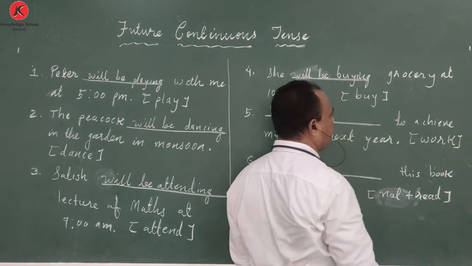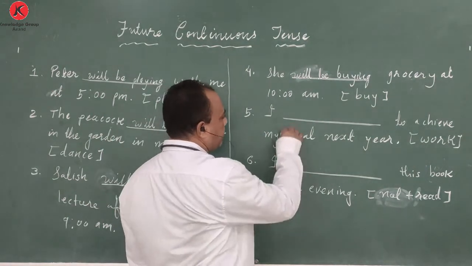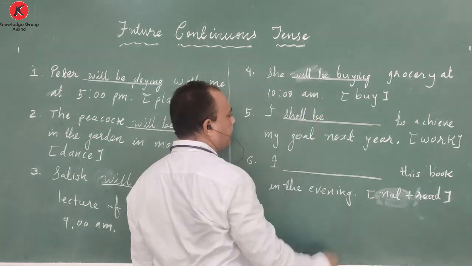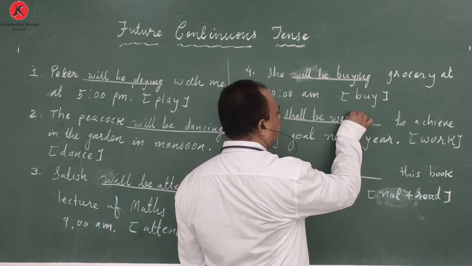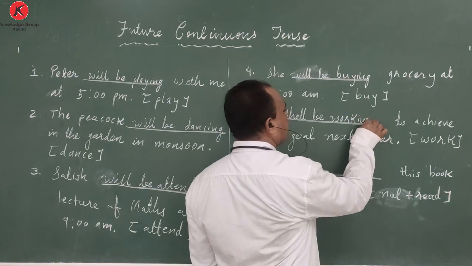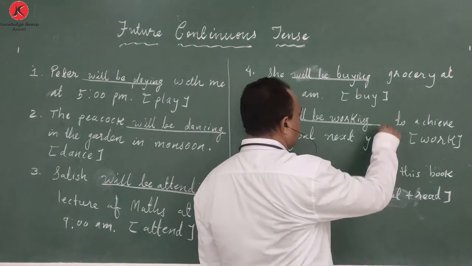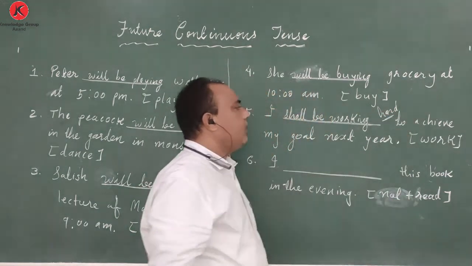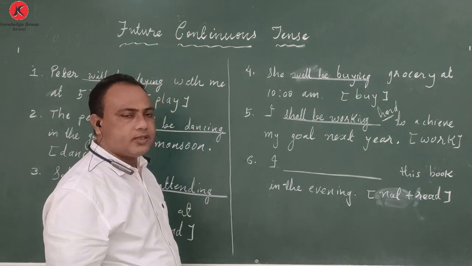Work. I shall be working. Since it is written by me, one word is missed. So let me write here hard. I shall be working hard to achieve my goal next year.